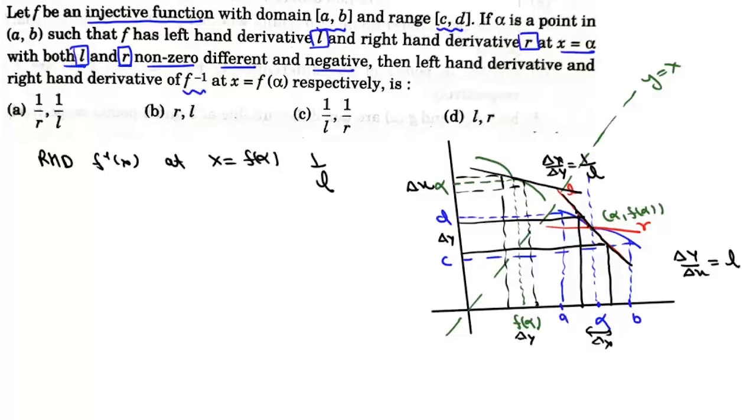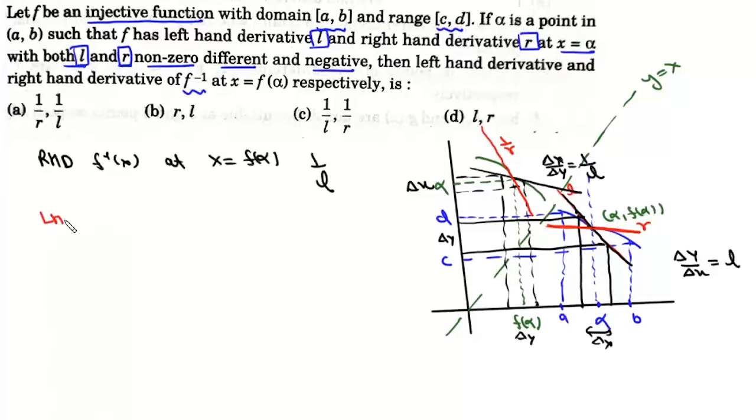Now in the same way, if this is R and if we take its reflection, here it will be 1 by R. So previously, which was right hand derivative for f(x), now translates to reciprocal of left hand derivative of f inverse(x).